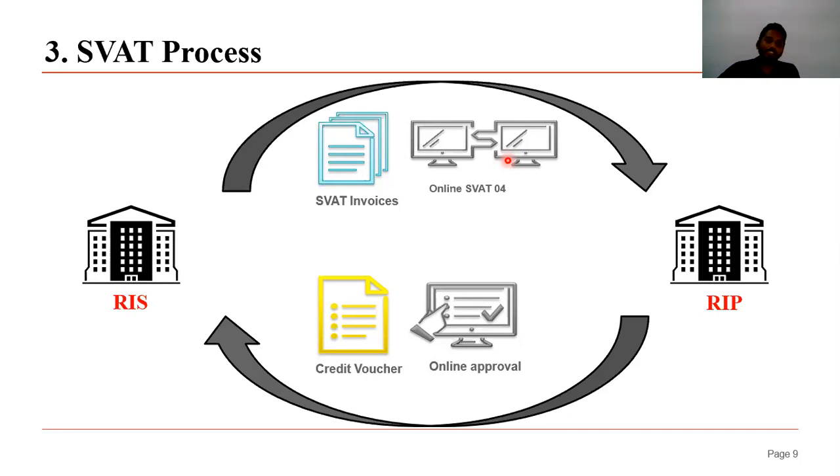They will approve by allocating the credit voucher number, and you, as RIS, can also see whether they have approved the SVAT 4. Soon after RIS enters into the system, they also are required to see the system and approve within 20 days. Let's assume January is the month they are dealing with.